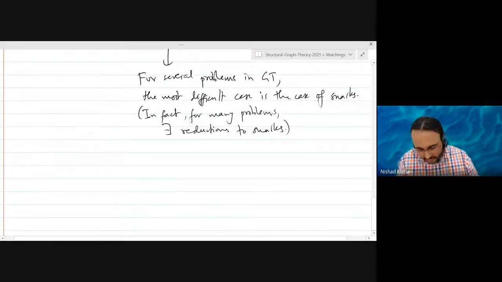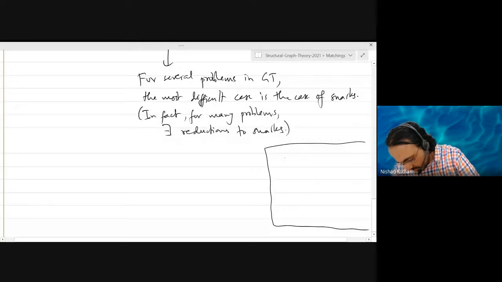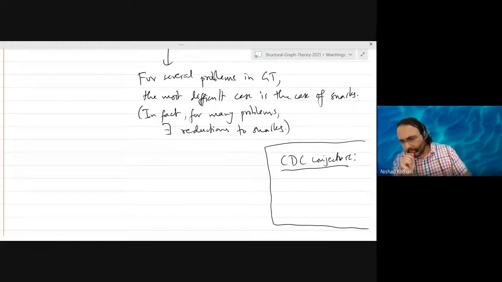Okay? One such example is the cycle double cover conjecture. Just to remind you of the conjecture, it says that if you take any non-separable graph, you can find a set of cycles that will cover each edge exactly twice. So every edge will appear in exactly two of your cycles. It is important to note that you're allowed to repeat the same cycle in your set.